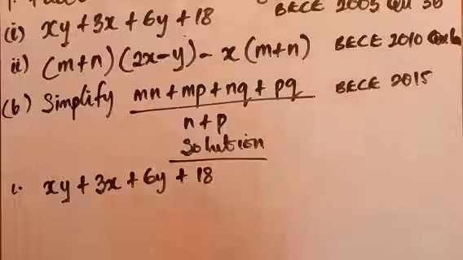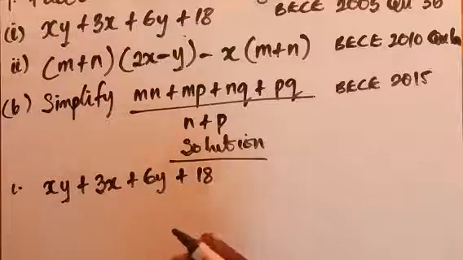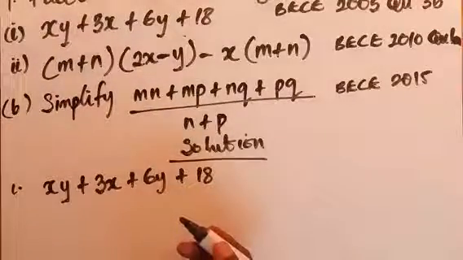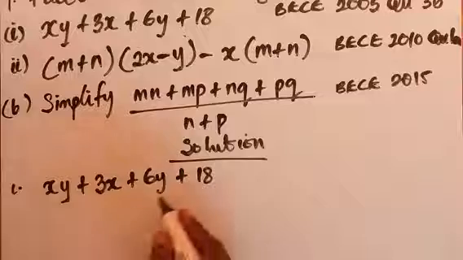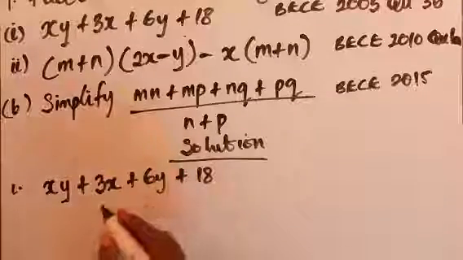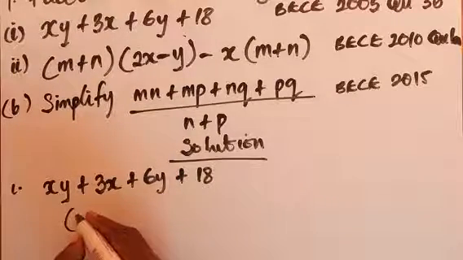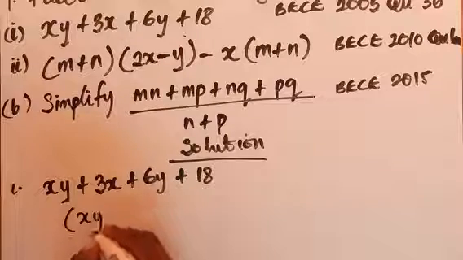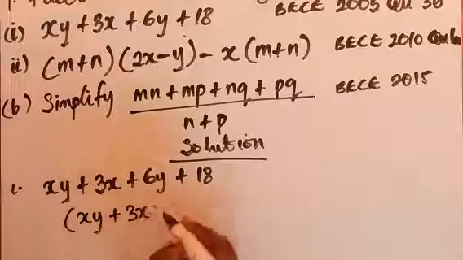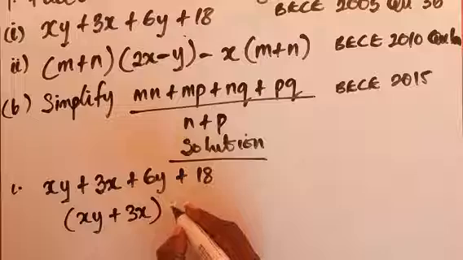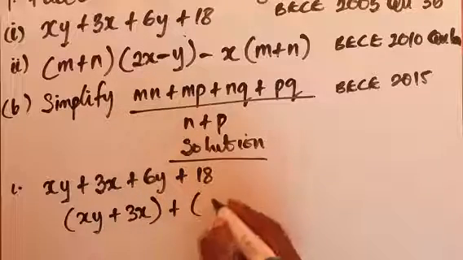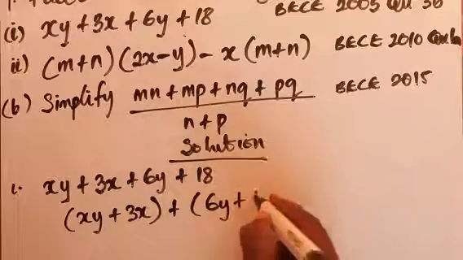In stages like this, the questions have already been grouped for us. We have x and y, so let the y be on one side. So I'm going to have xy plus 3x, then positive 6y plus 18.